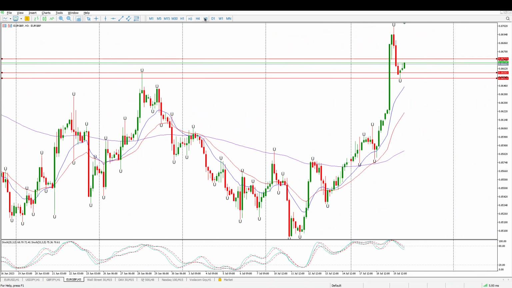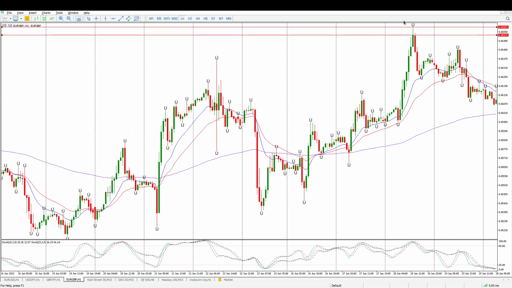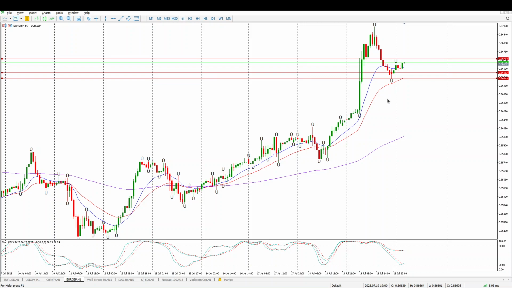So let's not go too far back. Come back to the lower time frame, and lo and behold, you will see that second one was where we had a range bar. So these two levels are the ones to be paying attention to. 0.86583, and the other one is going to be 0.86529. So I want to see price come back into this area for an opportunity to buy.